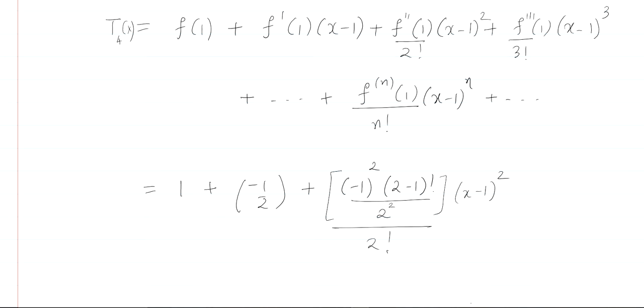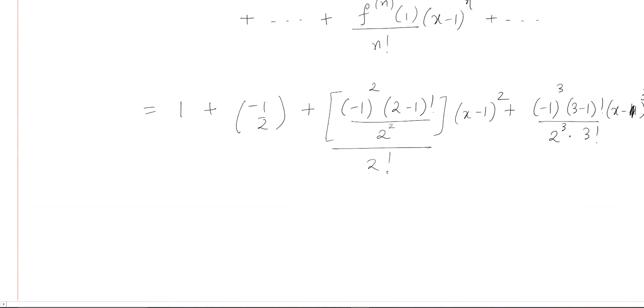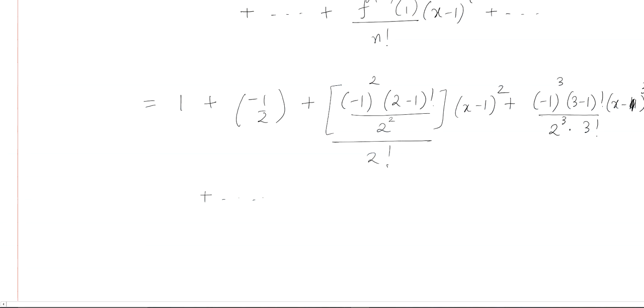Then the next term is equal to plus, once again we evaluate the derivative, which is minus 1 to the power 3 times 3 minus 1 factorial over 2 to the power 3, and then we have the 3 factorial term here, times x minus 1 to the power 3, and then plus dot dot dot.